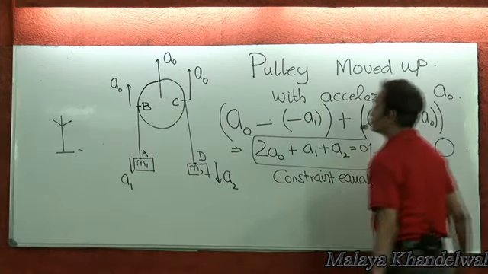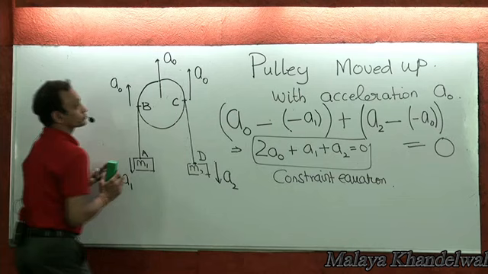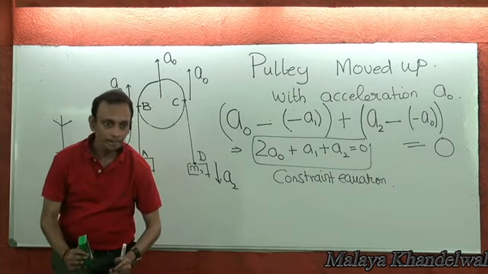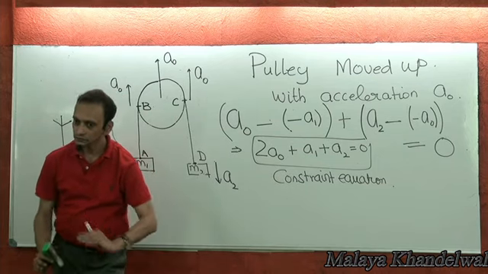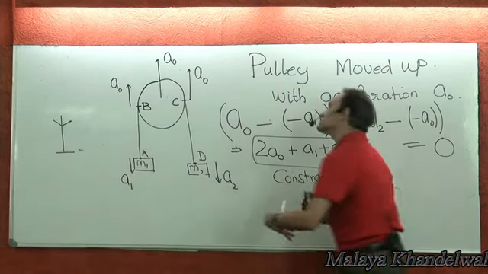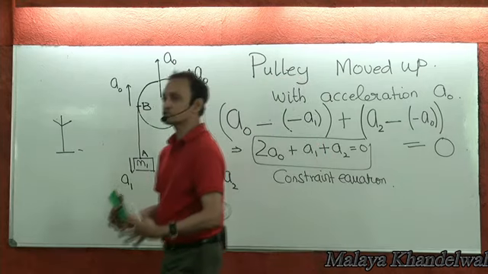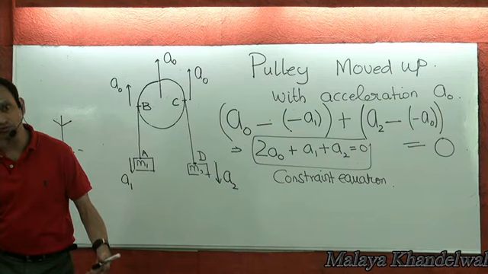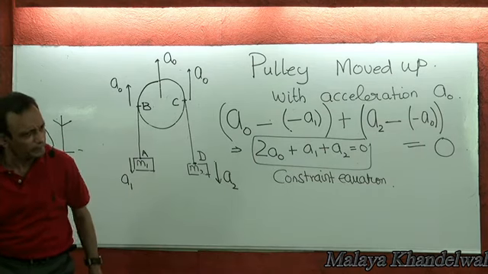Now, so far so good. Let me add some more juice to it then. Clear? Let me have a system in which there are two pulleys, one fixed and one movable. One fixed and one movable. Let's have that. Clear?